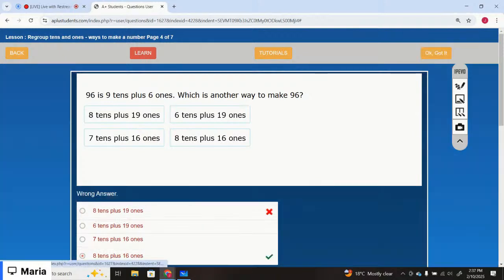Option number 1 is the correct option. Oh, that is 8 tens plus 16 ones. Option number 4 is the correct option. Sorry.